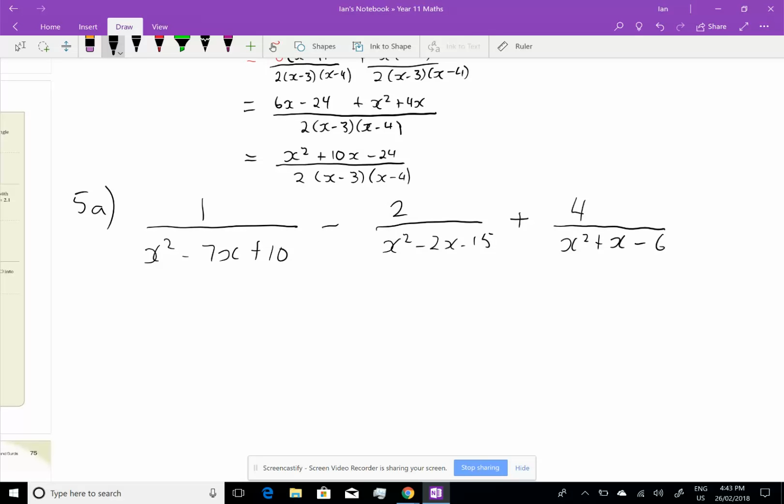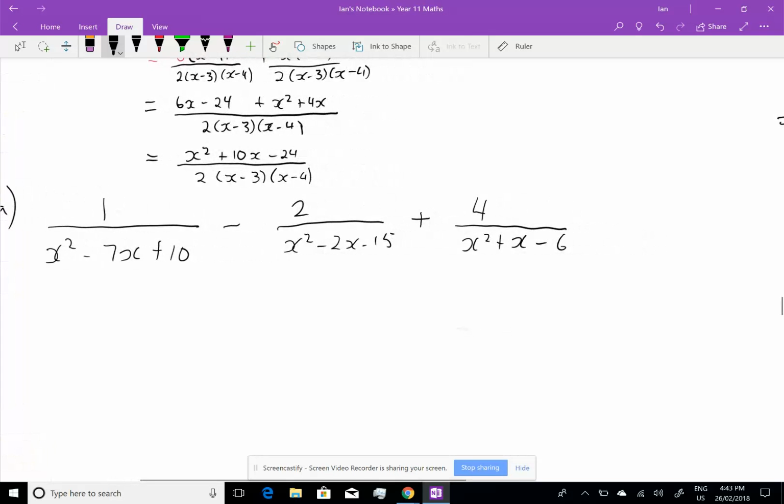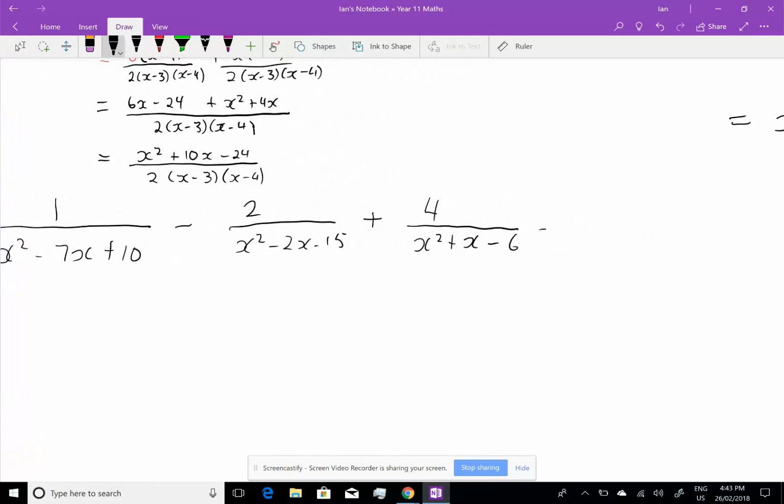Now, I'm going to want to get a common denominator. So I'm going to factorise each of those and see what happens.